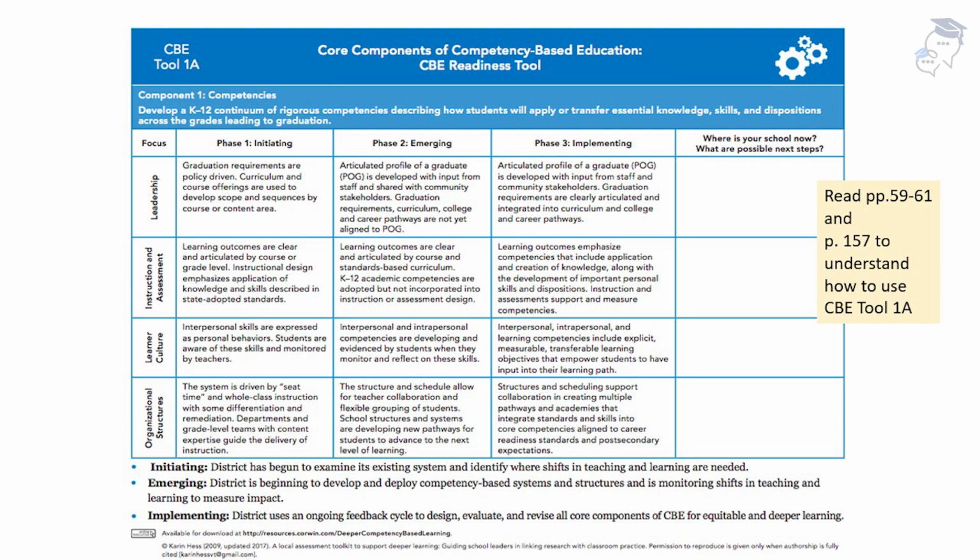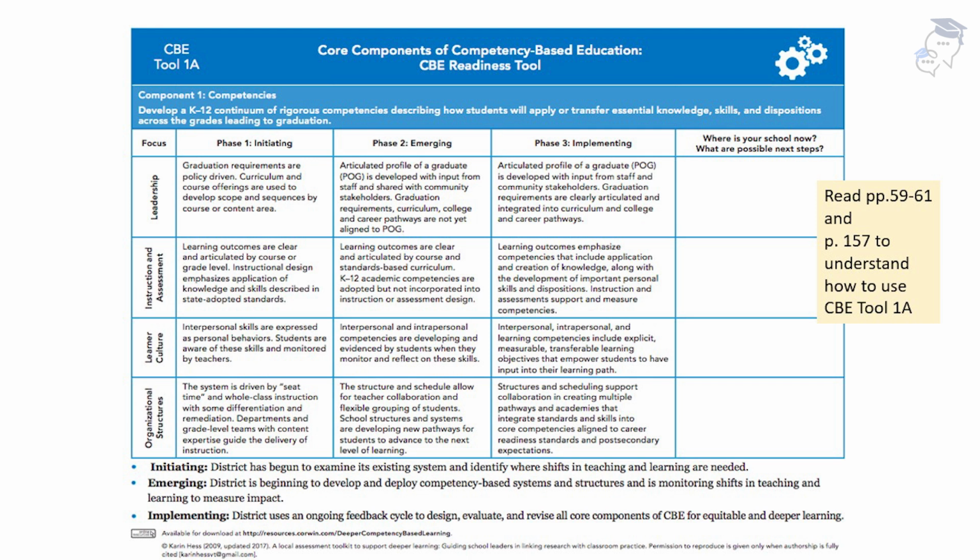As you move into emerging, maybe now you have a profile of the graduate. You've gotten input from staff or community, and your graduation requirements are beginning to reflect some of the things you have. Some schools will have a graduation exhibition requirement, which taps some of these other skills.